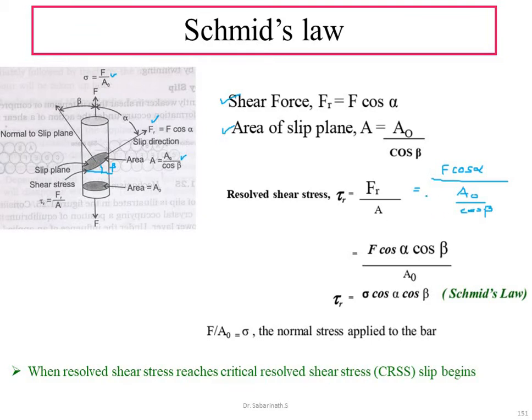On solving this equation we get F cos alpha cos beta by A naught. But this F by A naught is the applied stress, sigma. So tau r is equal to sigma cos alpha cos beta. This is known as Schmid's law.